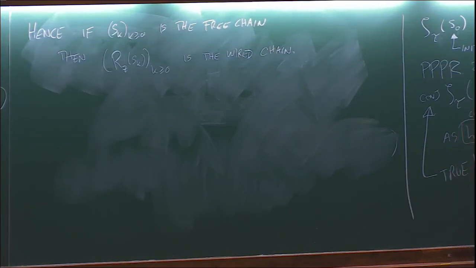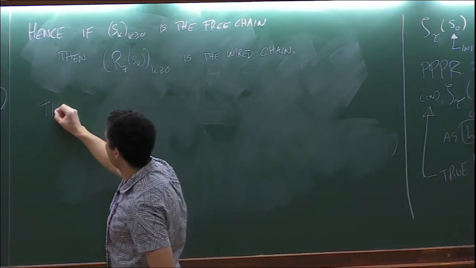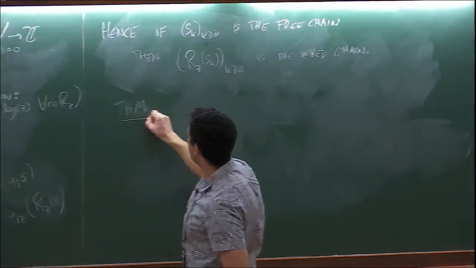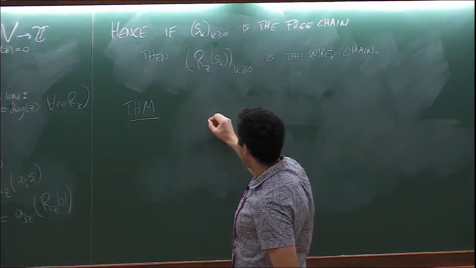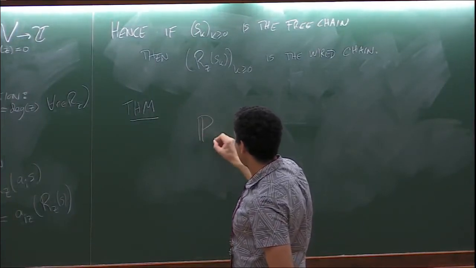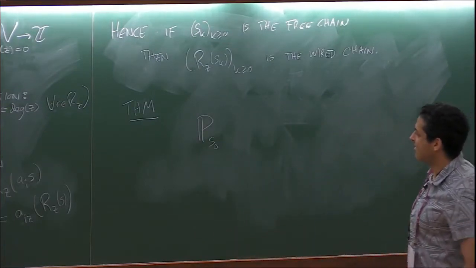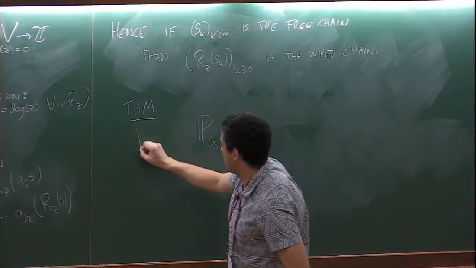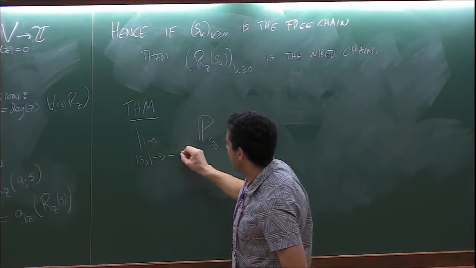Let me tell you, well, okay, good. So I didn't state the more general theorem that implies this conjecture, but now we can state it. So here's the theorem. Start the free chain at some S_0, and eventually we're going to be taking a limit as S_0 becomes very negative. Right?